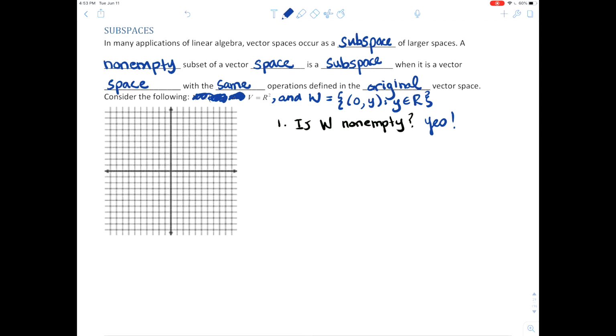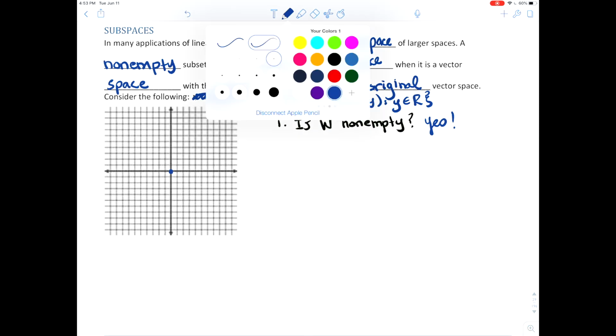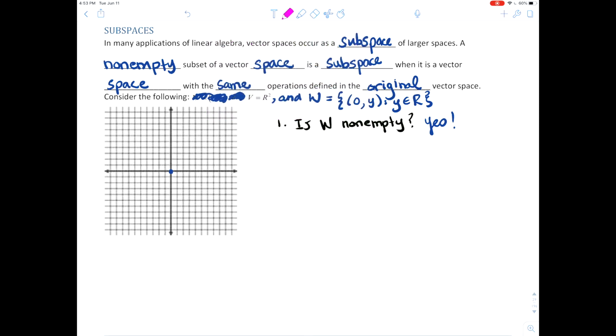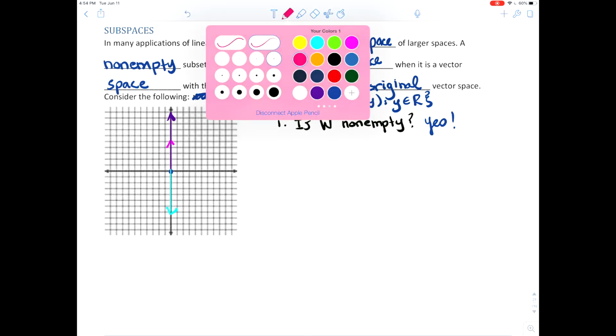If you have vectors, first of all, the origin would be there, 0, 0. And then wouldn't you agree that as long as x is 0, as long as you're on that y-axis, it's part of the set W, okay? So all of these guys are part of the set W. There's infinitely many of them, right?